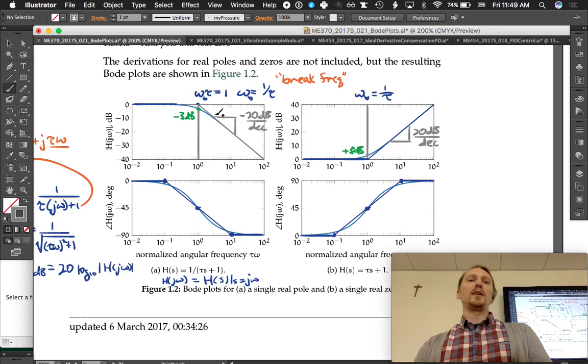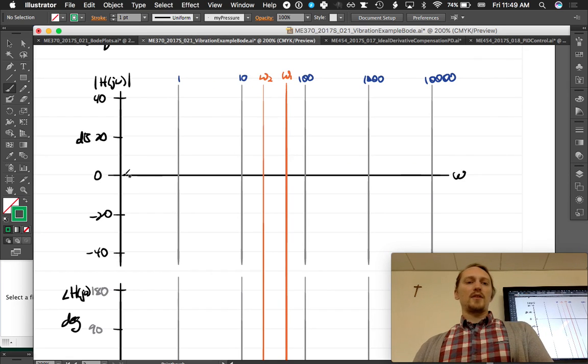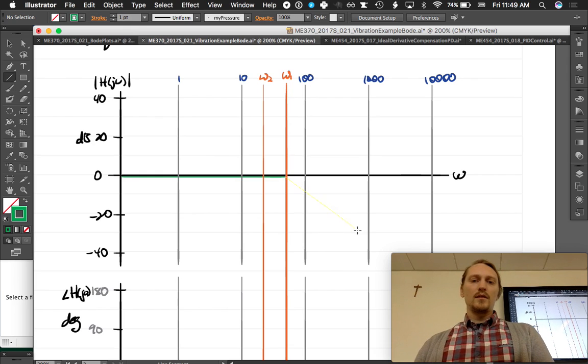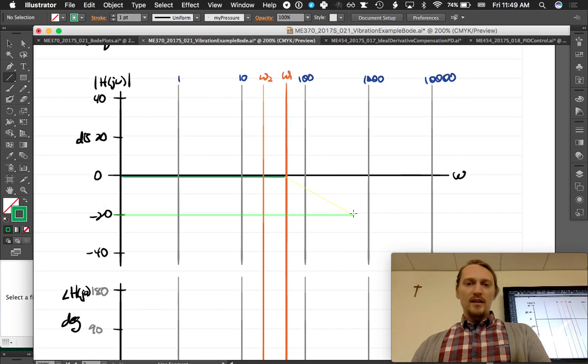It's 0 dB, and at the break frequency, it takes a dive at negative 20 dB per decade. So I'll sketch 0 dB, just below so you can see it, all the way up to the first break frequency. And then we're going to go down at negative 20 dB per decade. So 1 decade later, we're at negative 20. The next decade later, we're at negative 40. So something like that.